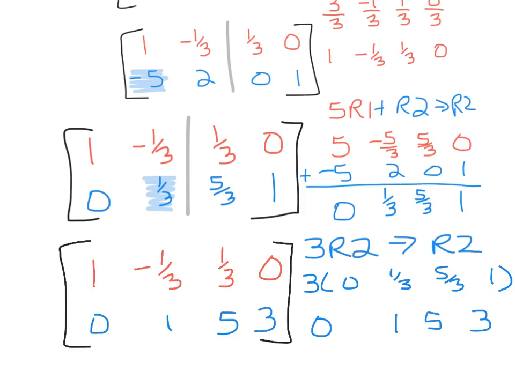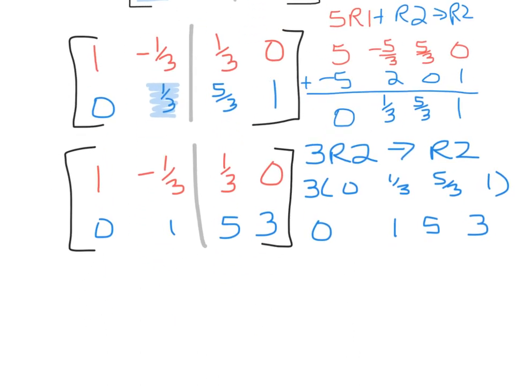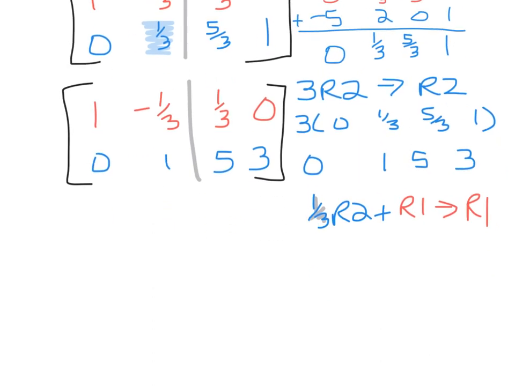I still have one more thing to fix before it becomes the identity. I need to take care of that negative 1/3. So I'm going to multiply row 2 by 1/3 and add it to row 1. This will give me my new row 1. So 1/3 times row 2 is going to give me 0, 1/3, 5/3, and 1.